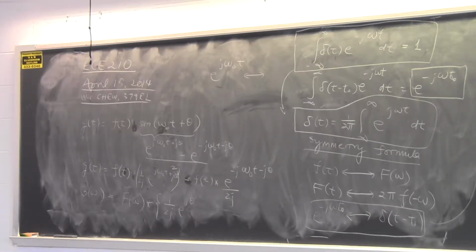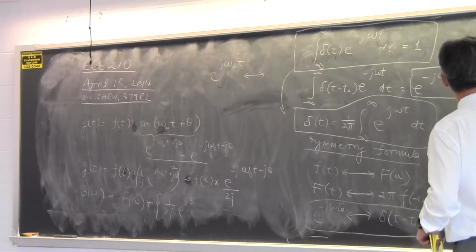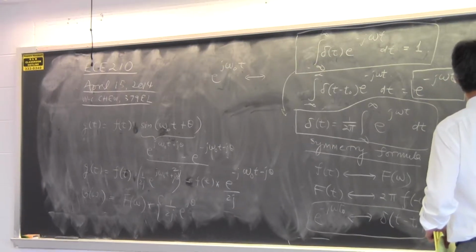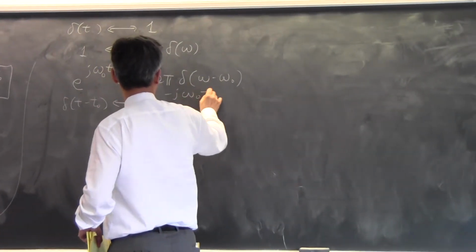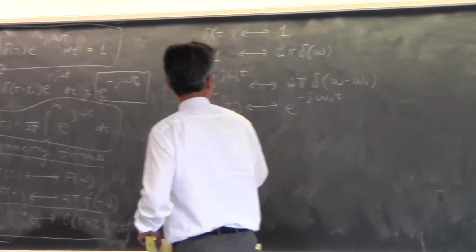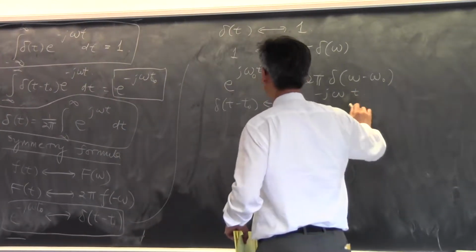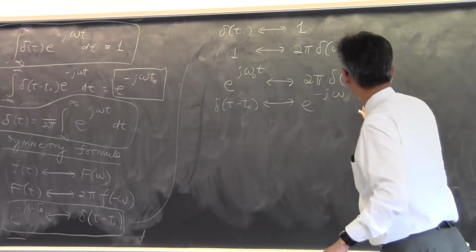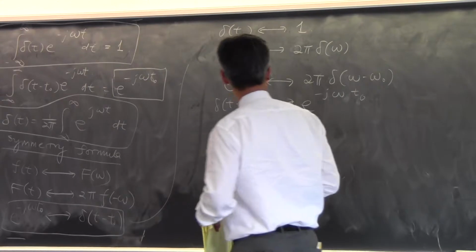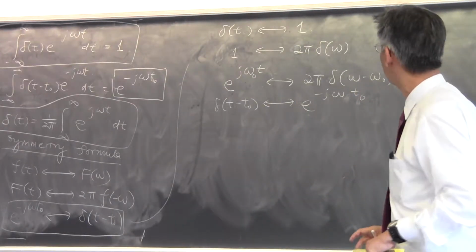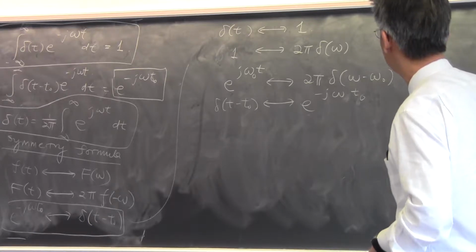Okay, that is just applying the shifting formula, because if delta(t minus t naught) Fourier transforms to e to the minus j omega t naught, then e to the j omega naught t Fourier transforms to that thing over there. Okay, let's see if this is really true.